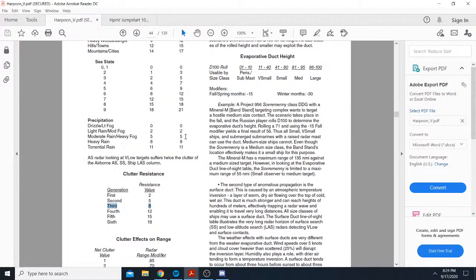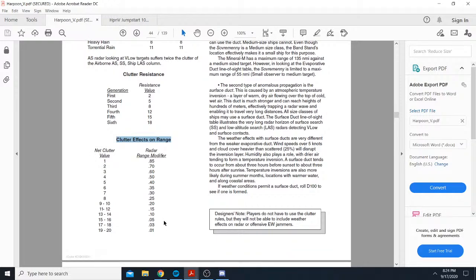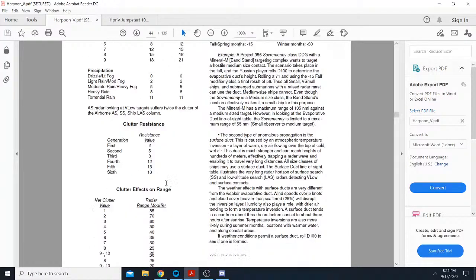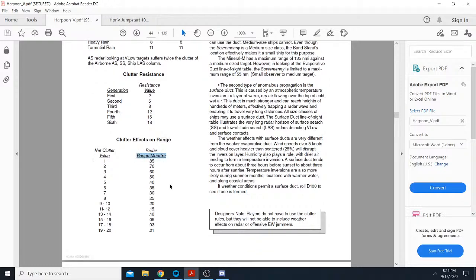If we look at that chart, there's no modifier. If you're in the negative, then you don't end up with a range modifier. So all of that, the clutter resistance and so on, adds up to a net clutter value, which ends up being a range modifier.